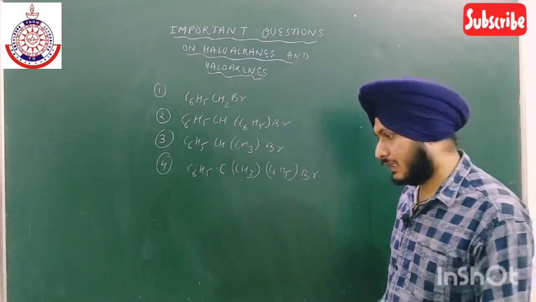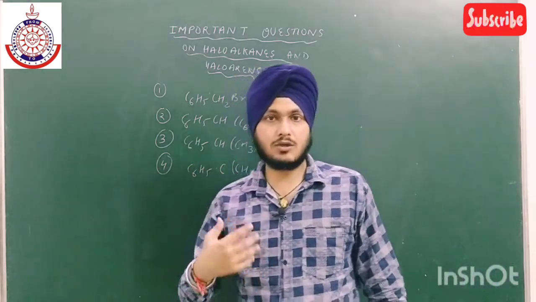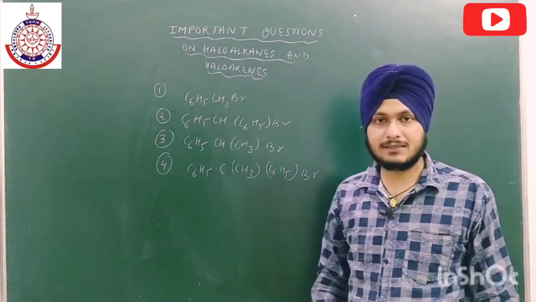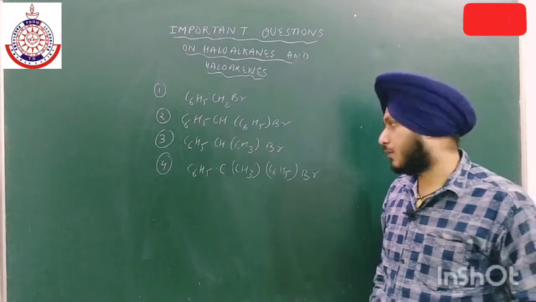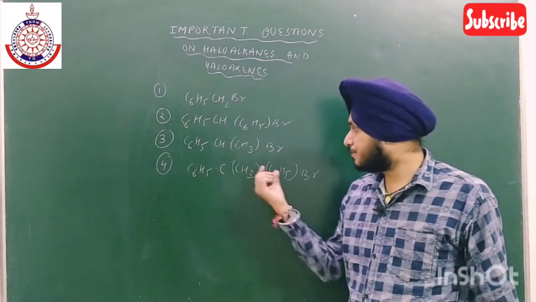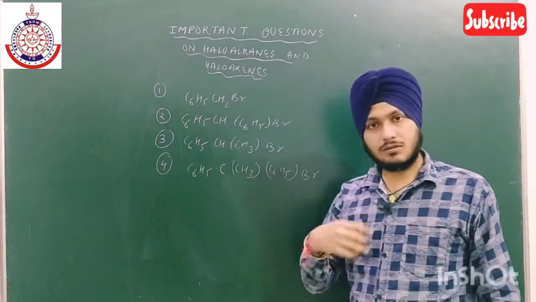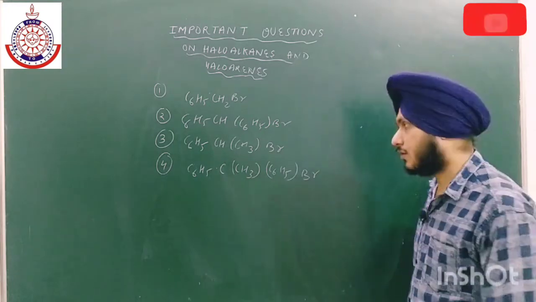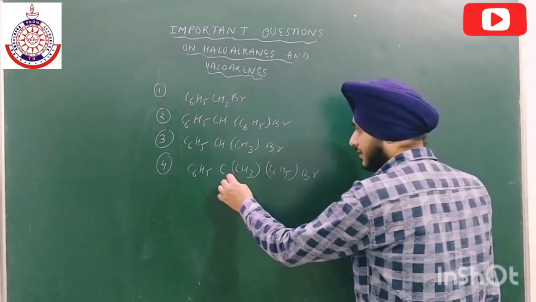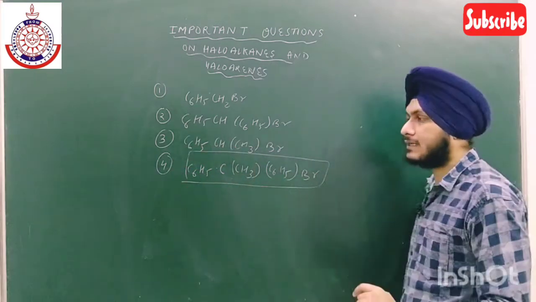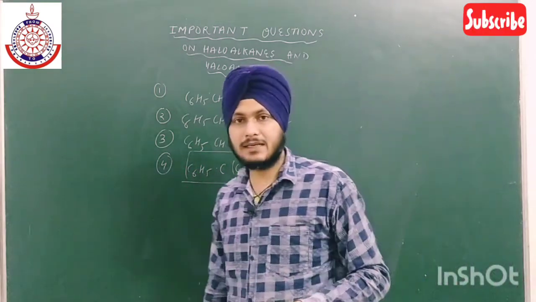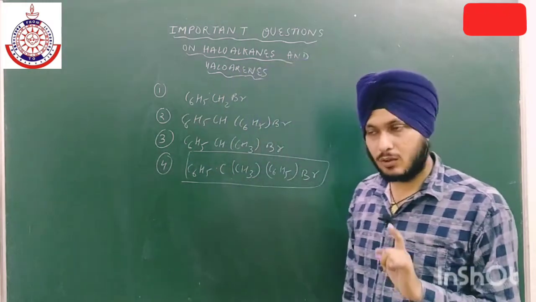Now CH3 group is an electron donating group, so it will stabilize the carbocation. And in the last one there are two benzene rings and also one electron donating group. So this is the most reactive, because here we have two benzene rings which will give the resonance stability. We are talking about SN1, not SN2.